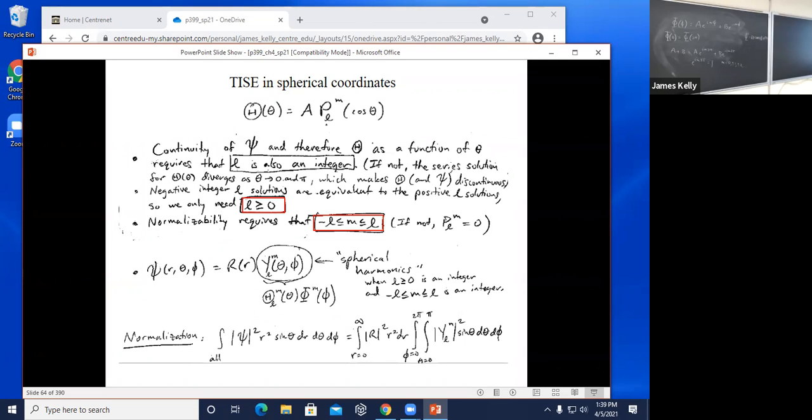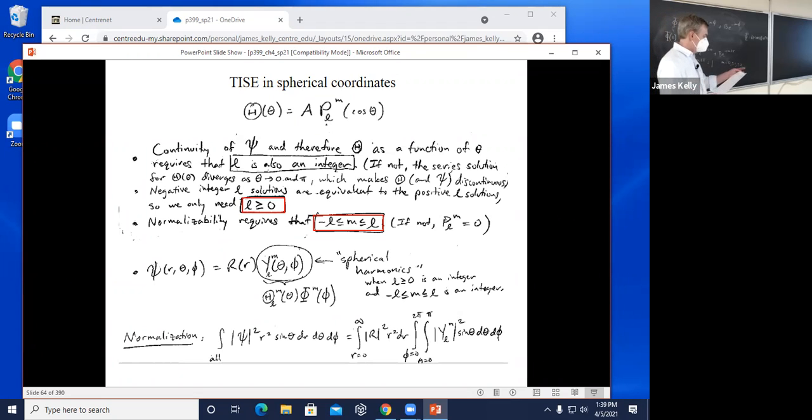Overall, I don't have any real comments about it. The performance was really good, and I can't remember if there were any particular problems that gave people trouble. Maybe the one on the generalized uncertainty principle a little bit, or maybe the last one.